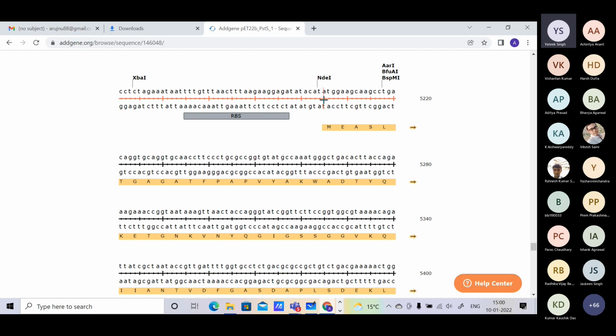And if somebody wants you to tell them the sequence of the gene, it's a bigger one, I understand. I hope he will not ask, but still I was showing you. You can actually copy this whole gene from here.